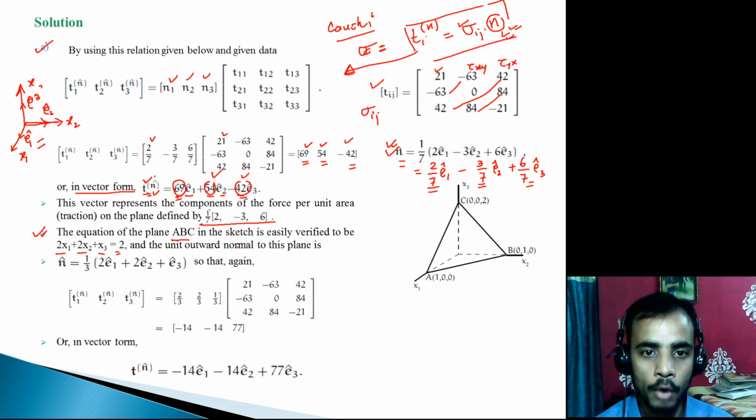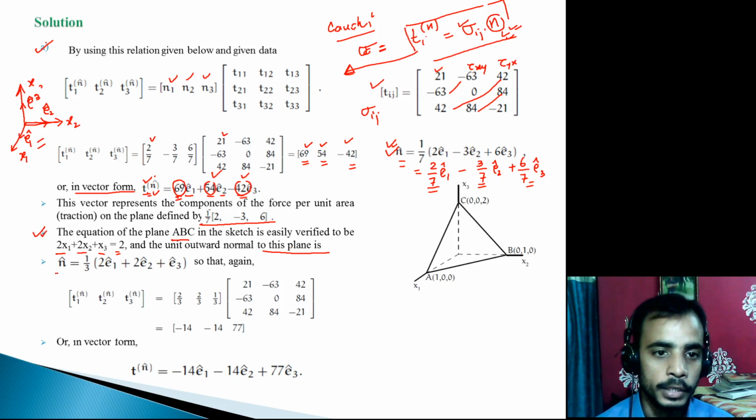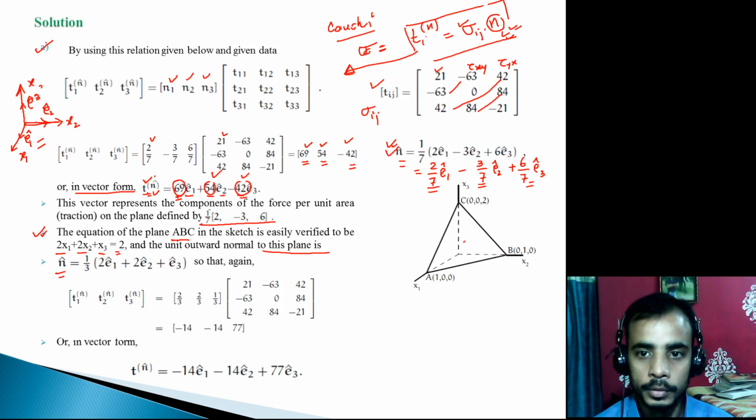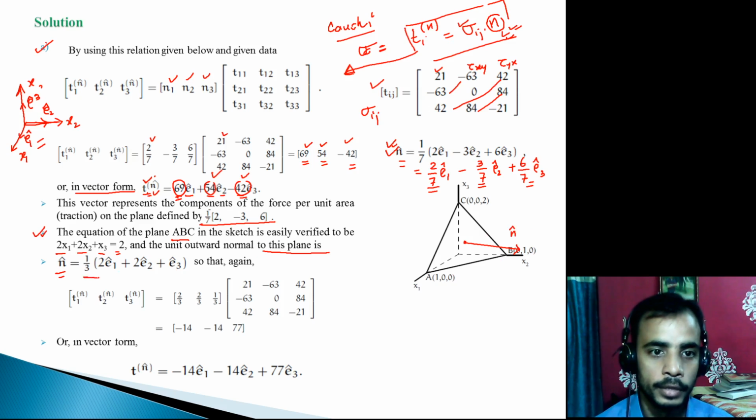And the unit outward normal to this plane is very simple, that means in this direction, that is 1/3 (2e_1 + 2e_2 + e_3).